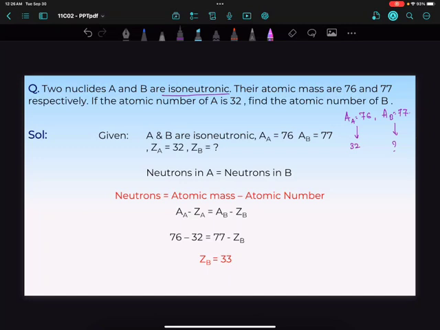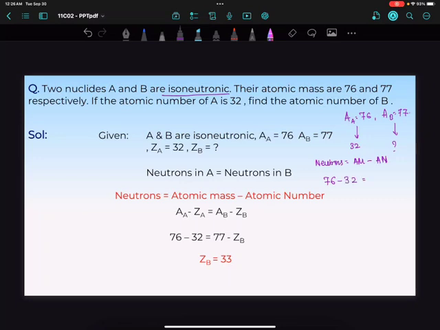Now neutrons equals atomic mass minus atomic number. So the mass number of A was given as 76 and the atomic number as 32.